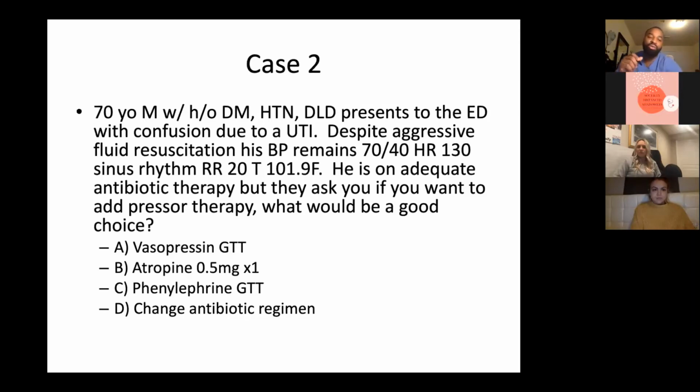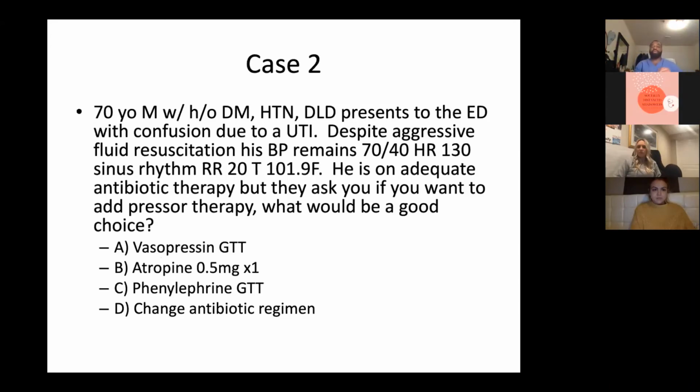Because now what you give is key. The type of pressor you give is key. So now we have these options. And like I said, this is very advanced, but I wanted to let you know the gist of this is to know that this patient is in sinus rhythm. And depending on their state, you have to be careful of the type of pressor you give them.